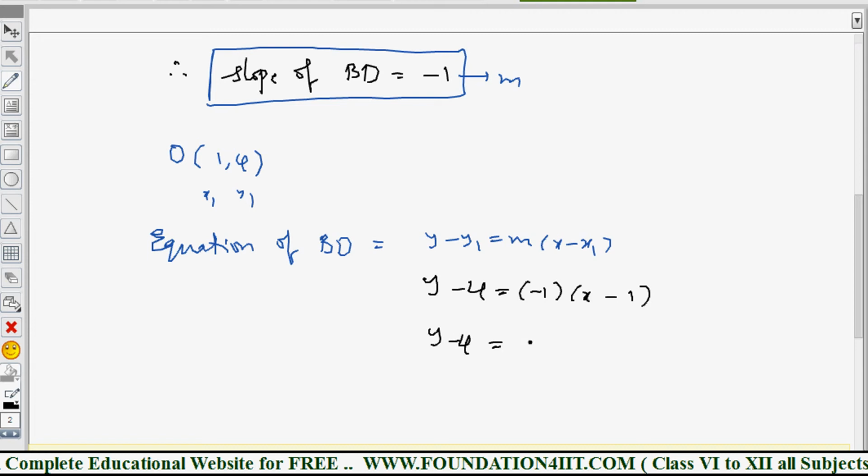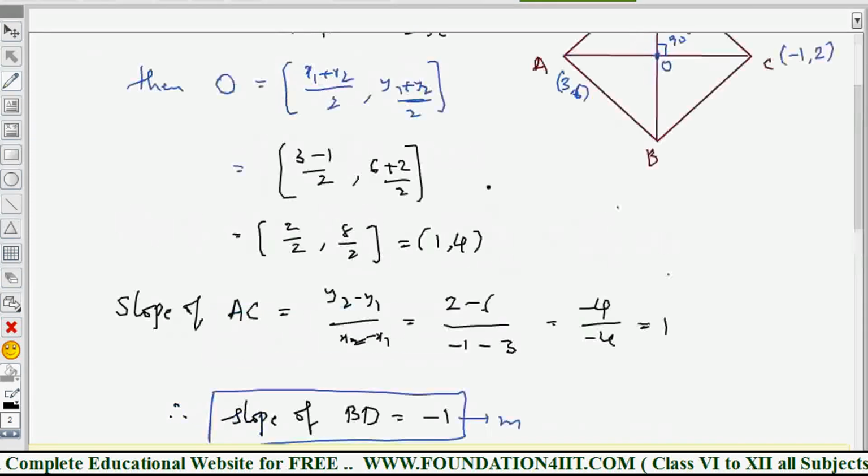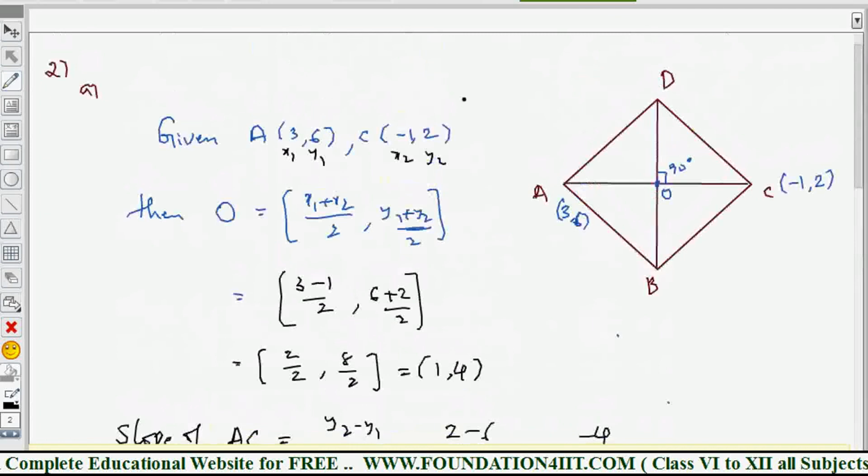So y minus 4 is equal to minus x plus 1. Then x plus y is equal to 5, or else x plus y minus 5 is equal to 0. So this is the equation of the line BD. Right? So we can solve in that way. And you see the next one.